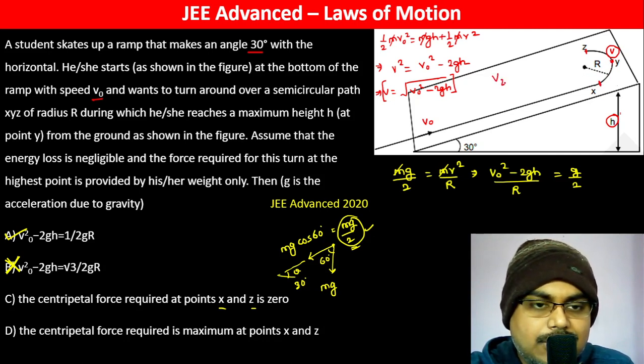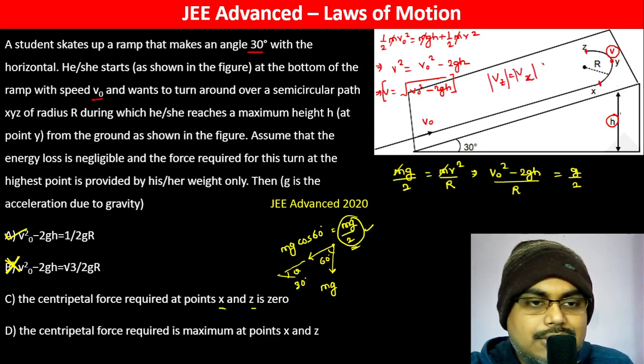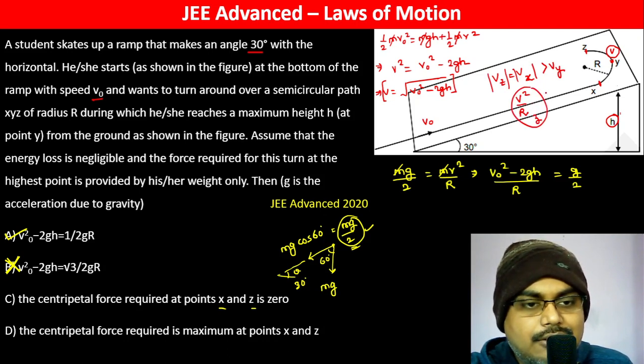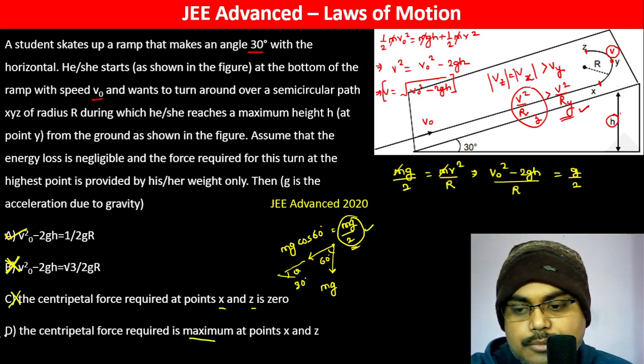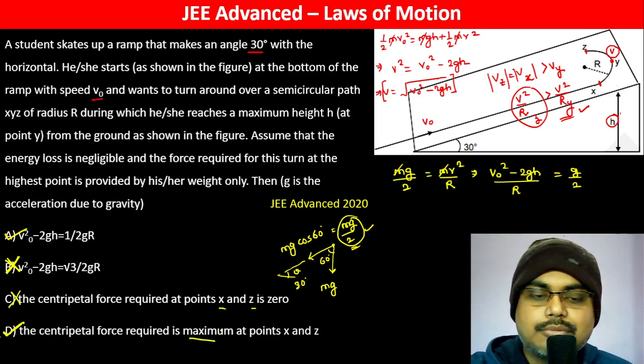So the velocity at z is equal to the velocity at x, which is greater than the velocity at y. So therefore v squared by r is going to be greater at z than at y. Okay, so therefore 0 is wrong. It is maximum. The centripetal force is going to be maximum at x and z.